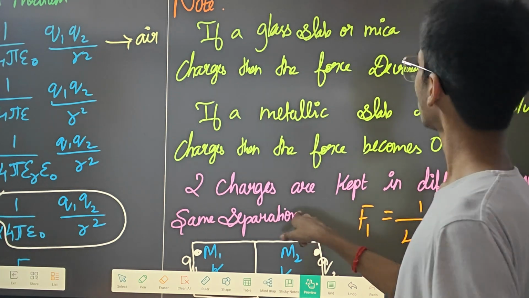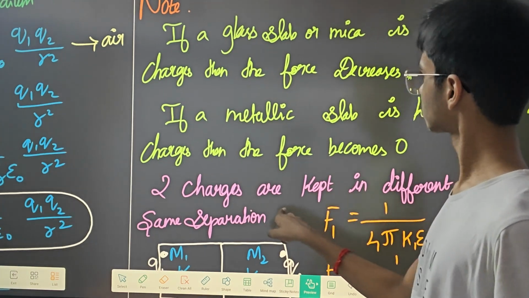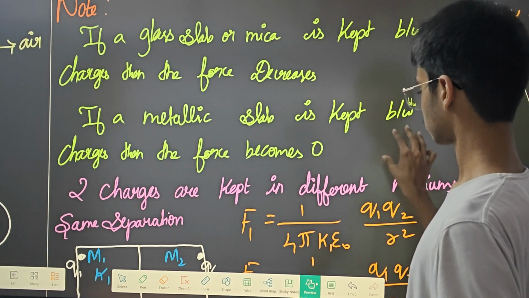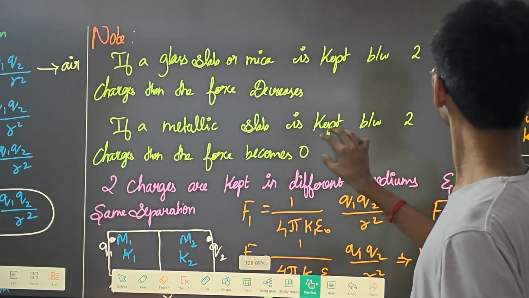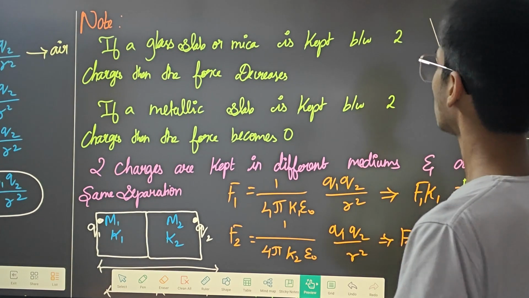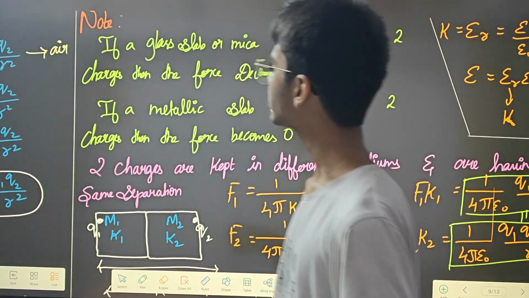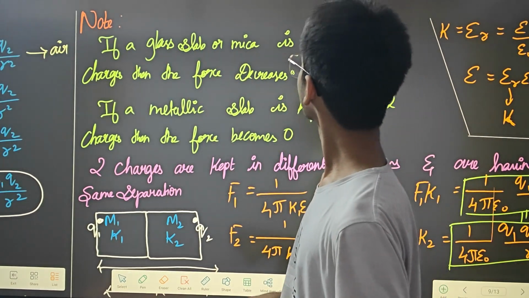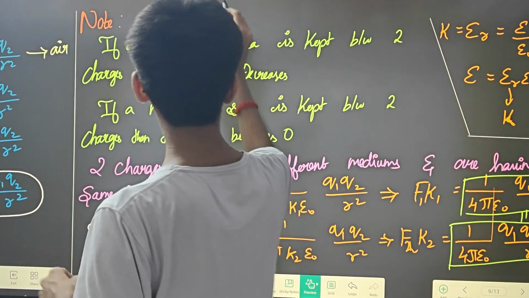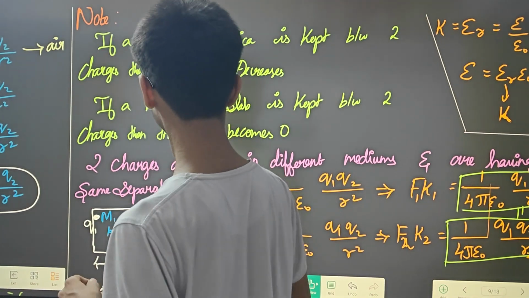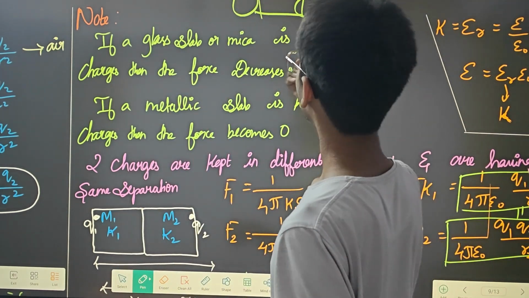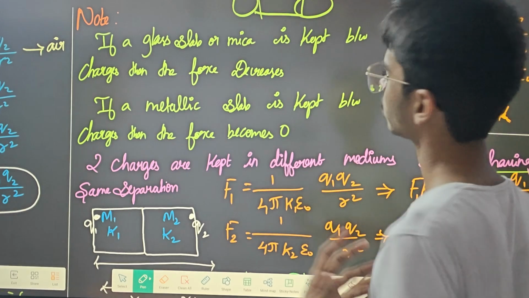Okay, so note. What is here to be noted? Notice that if a glass slab or a mica is kept between two charges, then the force decreases. So if here is a charge and here is a charge, and in between there is kept a mica, then automatically the repulsion or attraction force will be decreased.